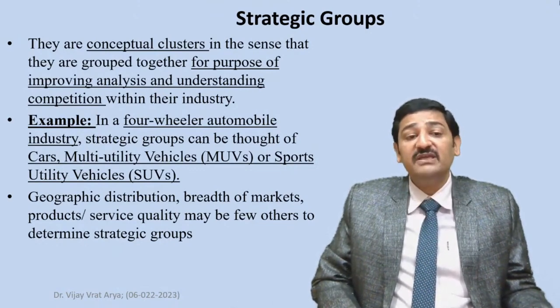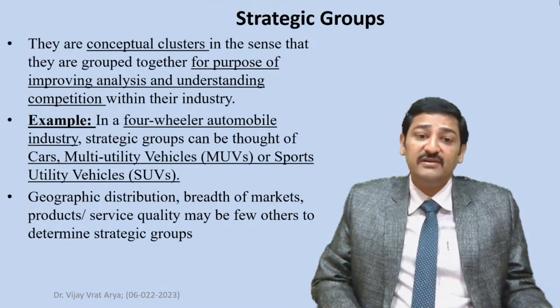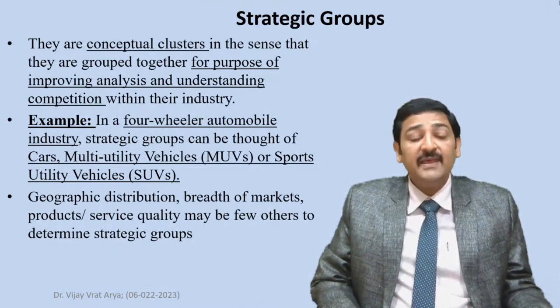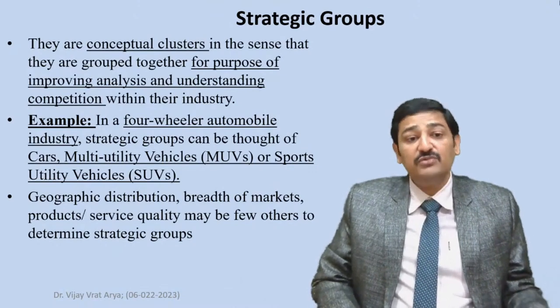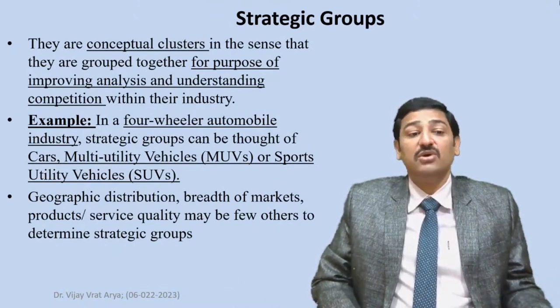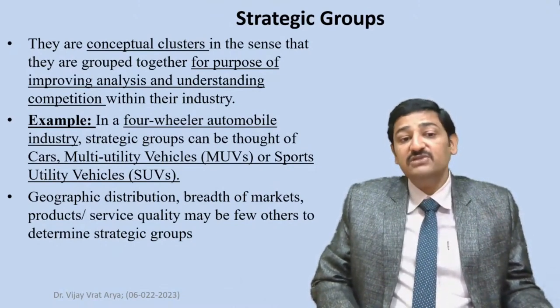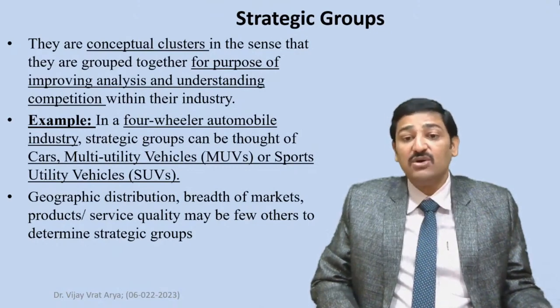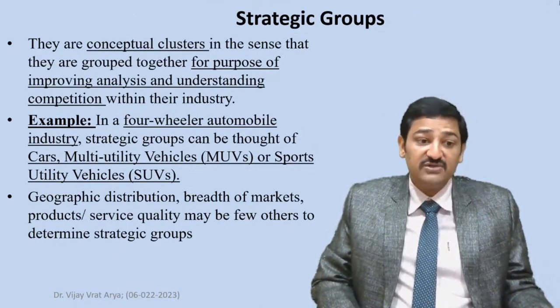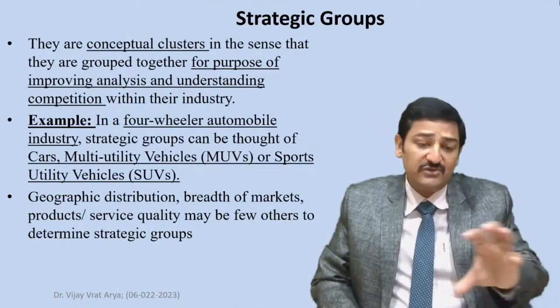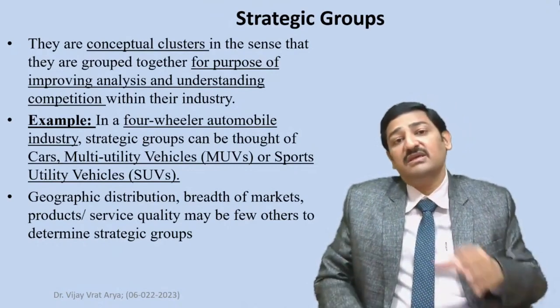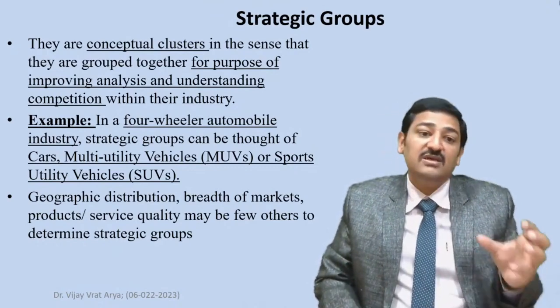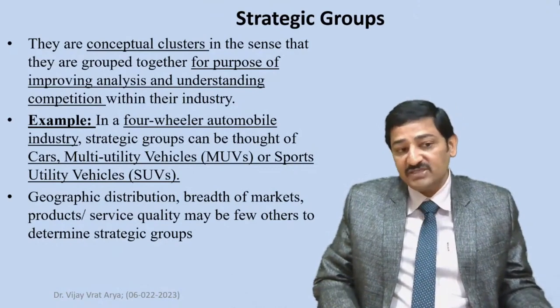As an example, if we take the four-wheeler automobile industry, then the strategic groups could be hatchback cars, multi-utility vehicles (MUVs), or sport utility vehicles (SUVs). So it's a kind of categorization based on strategic groups within the four-wheeler automobile industry.